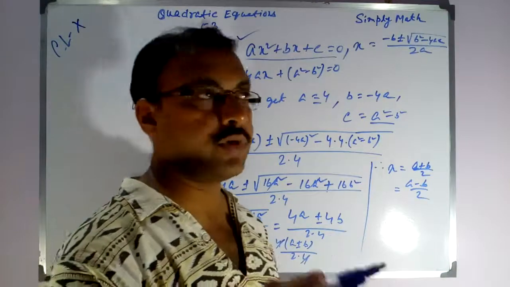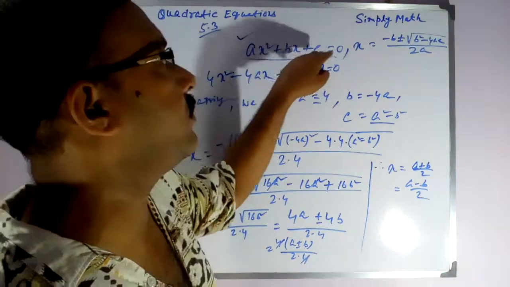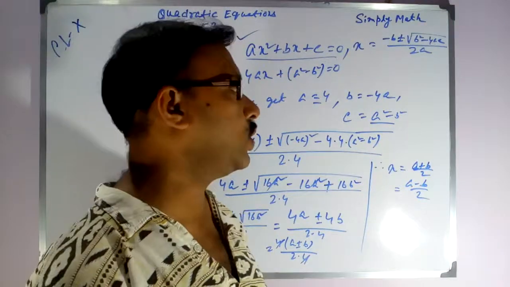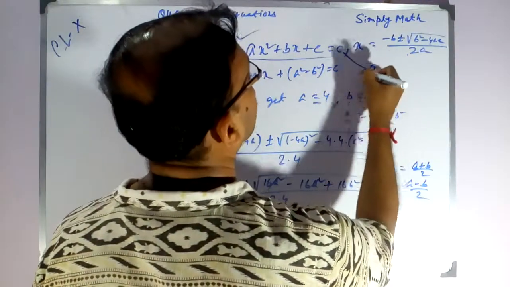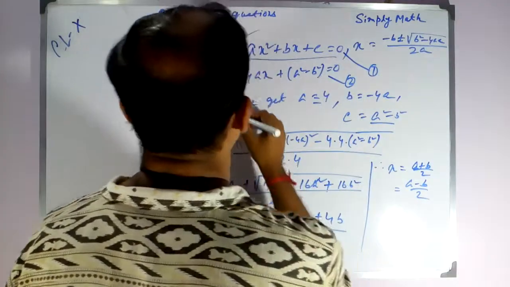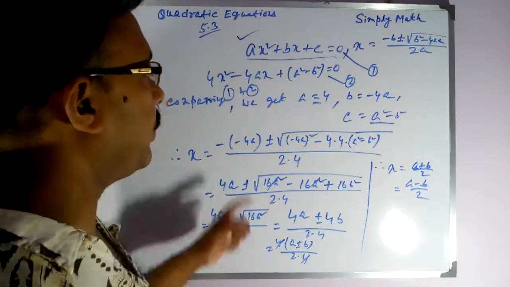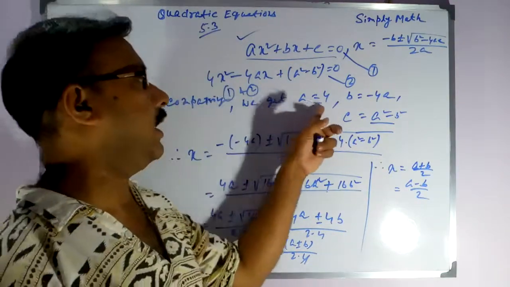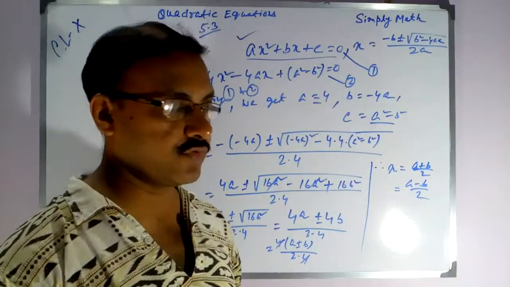You have to write by comparing ax square plus bx plus c is equal to 0. With comparing, you just mark it 1 and 2. Comparing 1 and 2, we get a is equal to 4, b is equal to minus 4a, c is equal to a square minus b square.